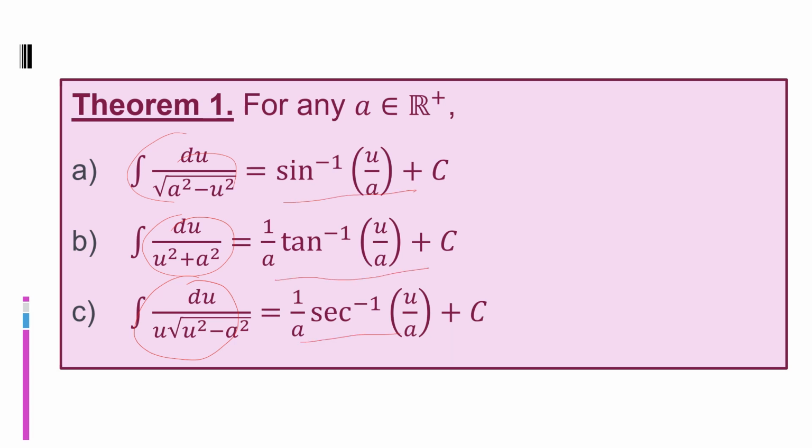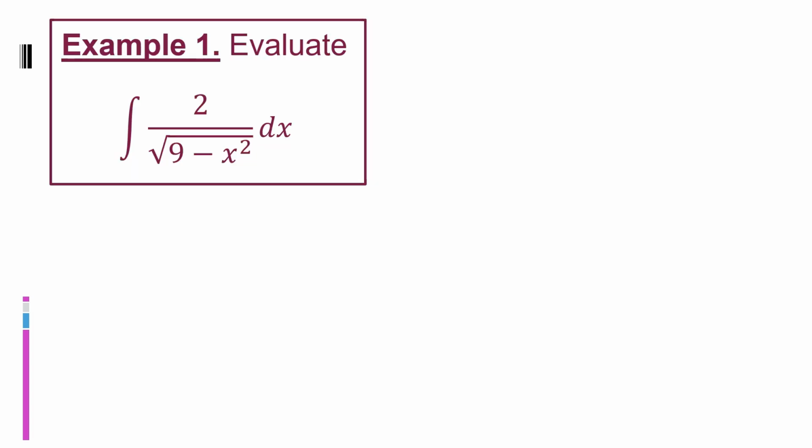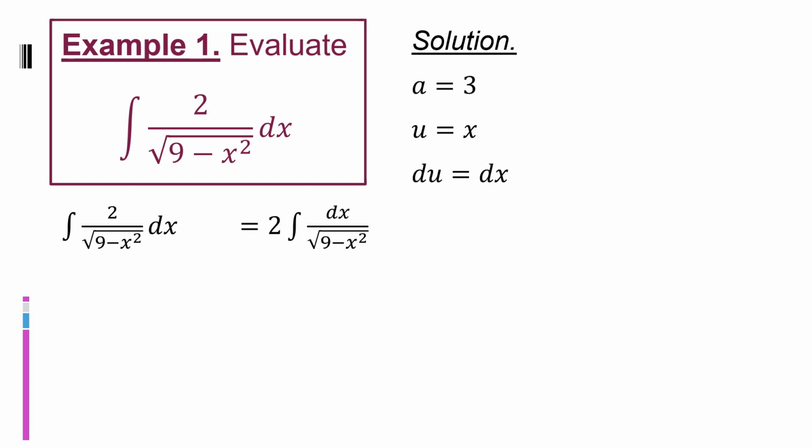So, for example, let's evaluate the integral of 2 over square root of 9 minus x squared dx. For our solution, we let now a be equal to 3 and u be equal to x. So, du here is equal to dx. Okay, ilabas lang natin yung 2 kasi constant yan. So, we have 2 times the integral of dx over square root of 9 minus x squared, or that is 2 times the integral of dx over the square root of 3 squared minus x squared.